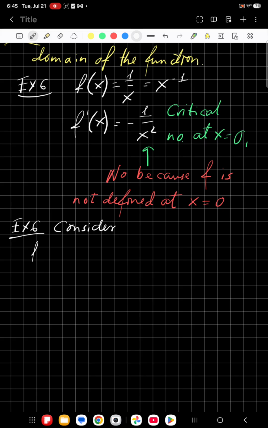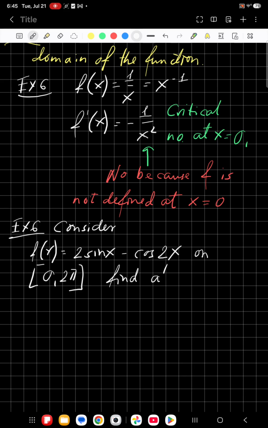We have a function f of x equals 2 sine x minus cosine 2x, and we're supposed to figure it out on the interval 0 to 2 pi. Find absolute minimum and maximum.